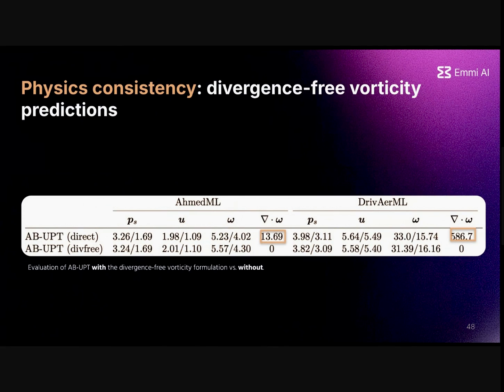So if you just train a naive AB-UPT and you measure the divergence of the vorticity, you actually don't get zero, which it should be by design. But if we fine-tune a model by using this hard constraint, which we're able to model by using our neural field property, we barely have any performance loss while having the divergence-free property of a divergence of zero of the vorticity for both data sets, which is a very interesting property from a physics modeling point of view.